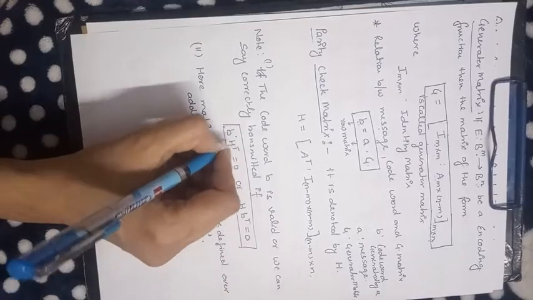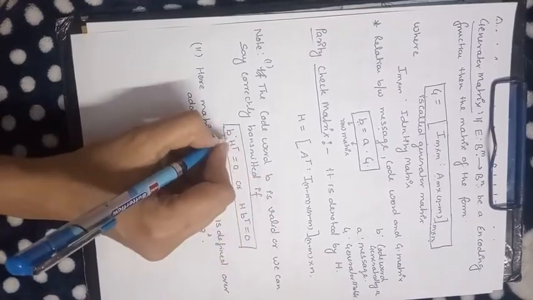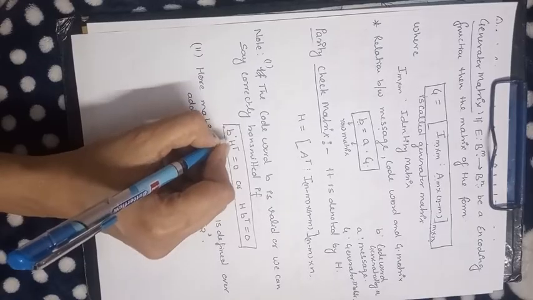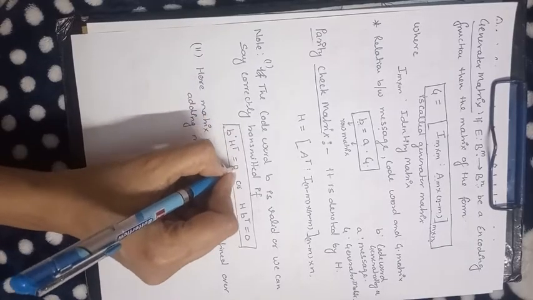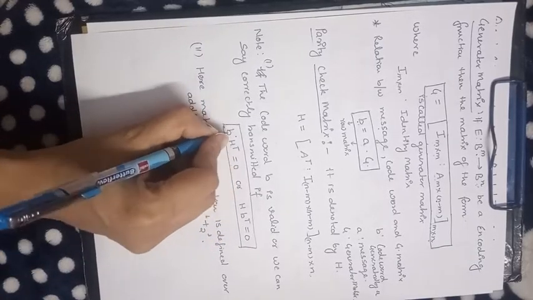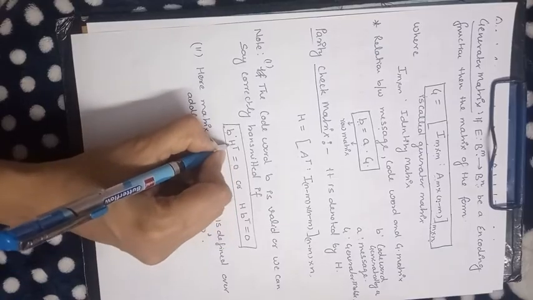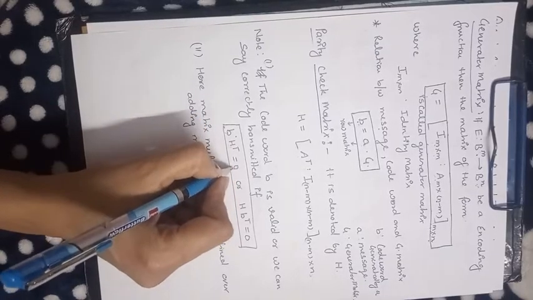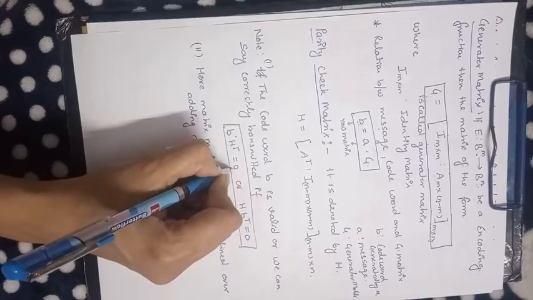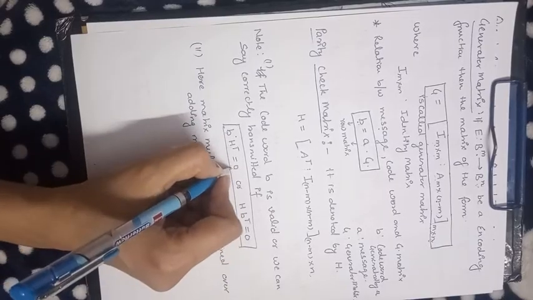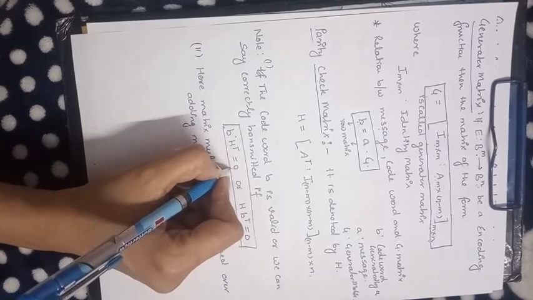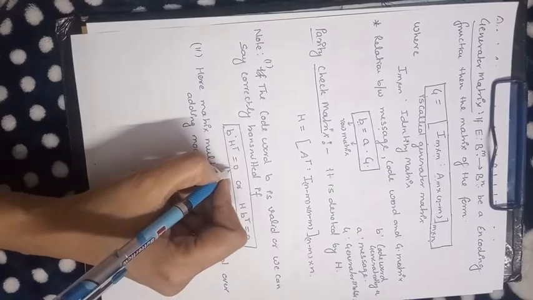For this, if B is any code word, we multiply B with H transpose. This resultant value is also a matrix. If this is a zero matrix, that means a null matrix, then we can say the code is correctly transmitted.